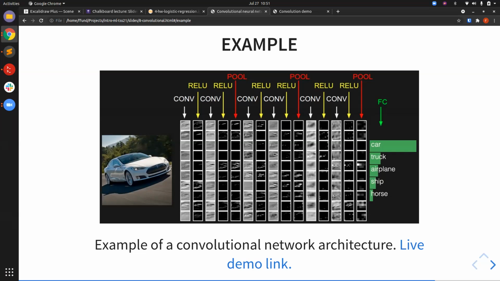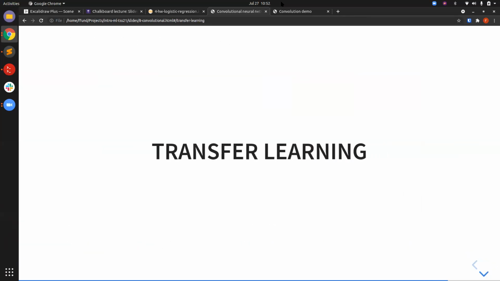And my output layer is still going to do either a sigmoid function for binary classification, a softmax for multi-class classification, or a linear activation for regression. Okay, we'll talk about this more on Thursday when we have some notebooks with examples.